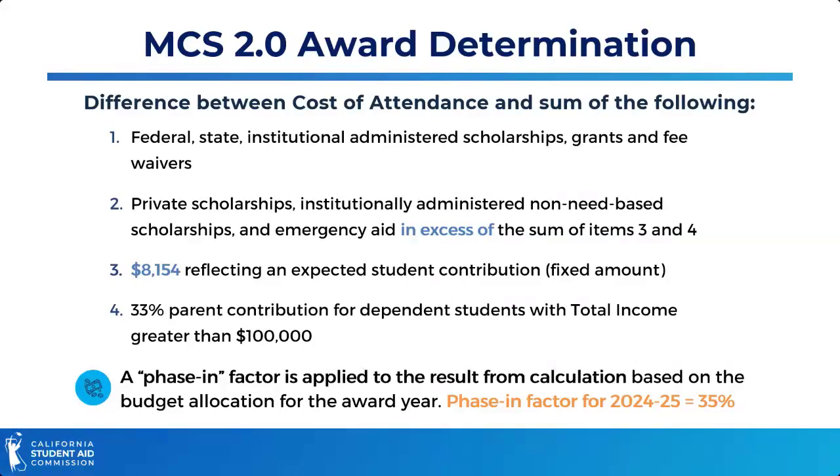Now, as we crunch all these numbers, we get an amount, and then you will have the phase-in factor, which is applied to the result of the calculation. For this year, that phase-in factor is set at 35%.